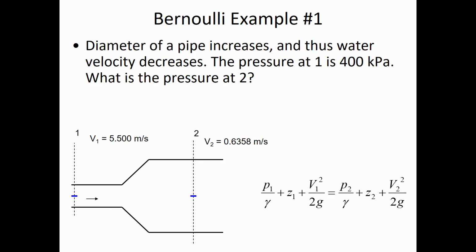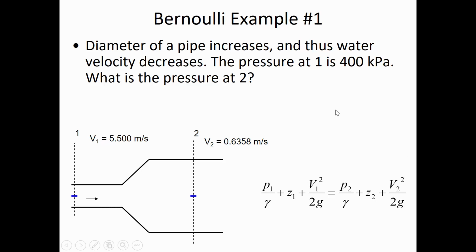And I can kind of understand that thinking, but the reality is that it's not about the size of the pipe that the water is in that directly affects the pressure. Pressure is just a form of energy. And so the velocity was faster at 1, and now it's slower at 2. So where's that energy going to go? It's only got one spot. It has to be an increase in pressure.